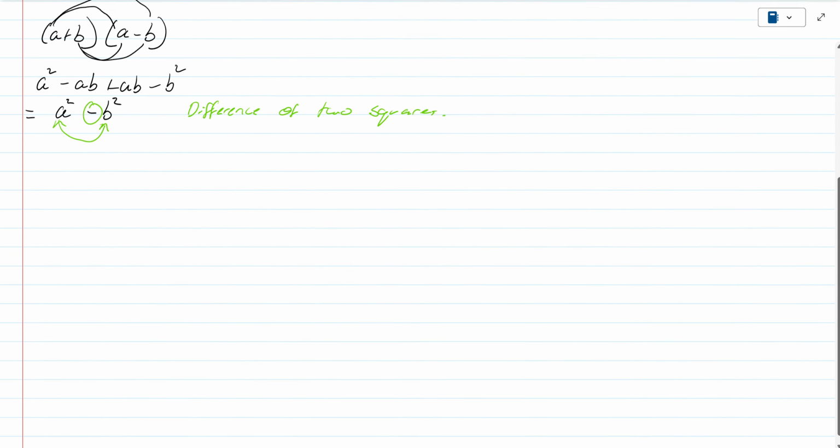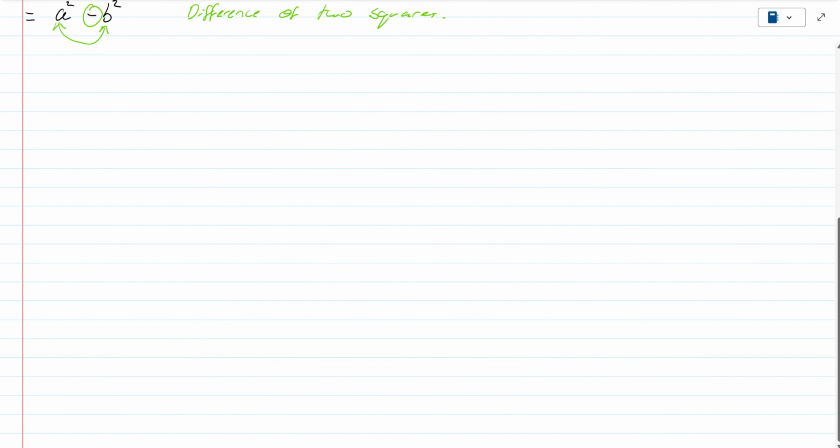So now, if we have a look at a more applicable example, we have, let's say, x minus 4 squared. Whoops, put that bracket in the wrong spot. Now this is a difference of two squares. Or is it a perfect square? Well, we'll find out when we expand it. So we can write that as x minus 4 times x minus 4.